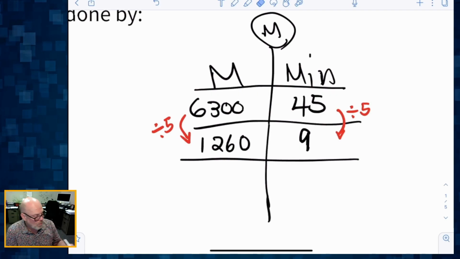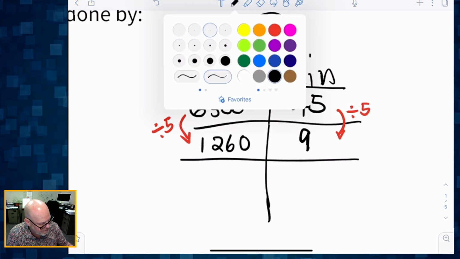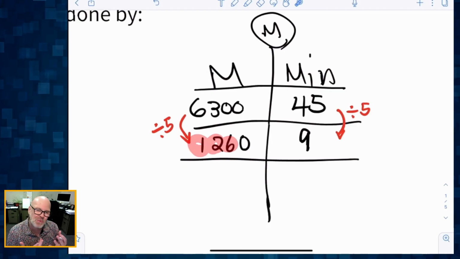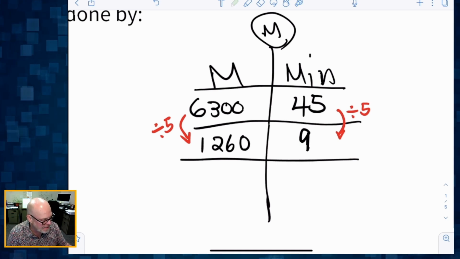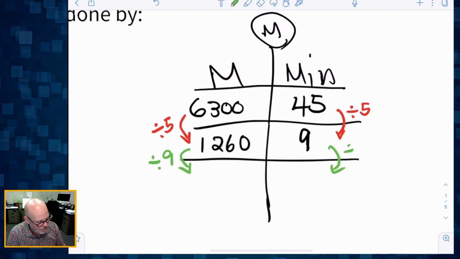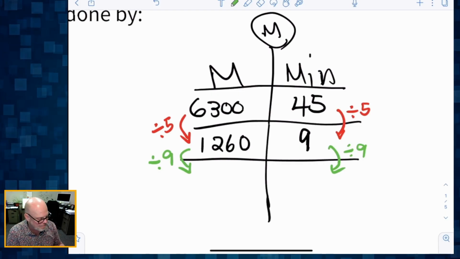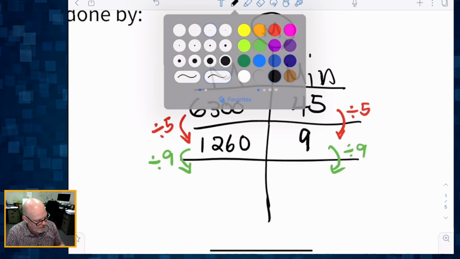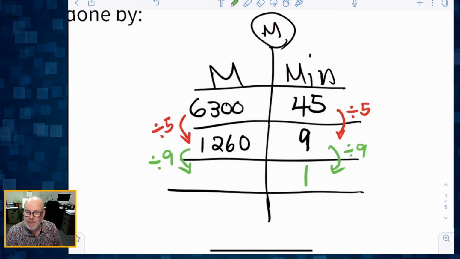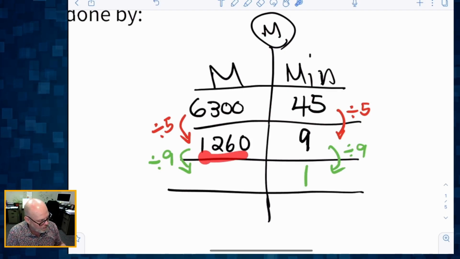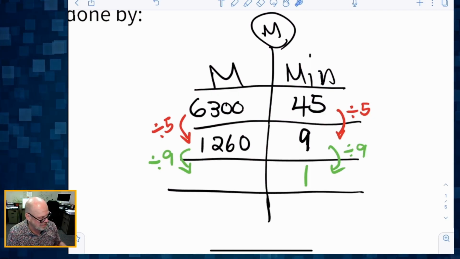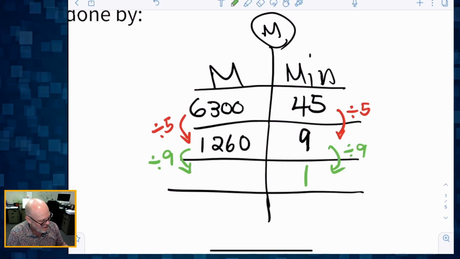But now we know, using our divisibility rules, that since 1 plus 2 plus 6 equals 9, that tells me it's divisible by 9. All right, so I know both of these numbers are divisible by 9, and that gives us our new unit rate. 9 divided by 9 is 1, and then 1,260 divided by 9 is going to be 140.